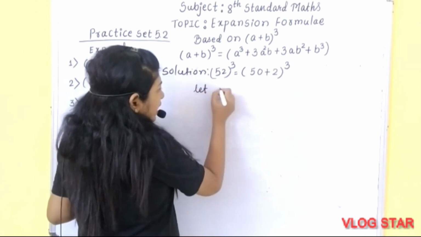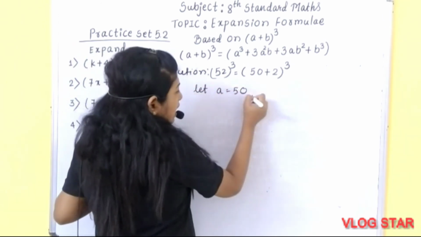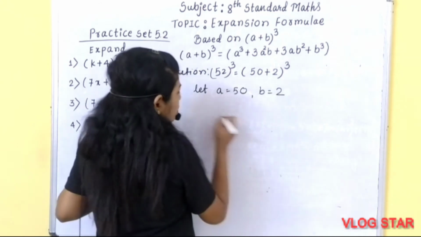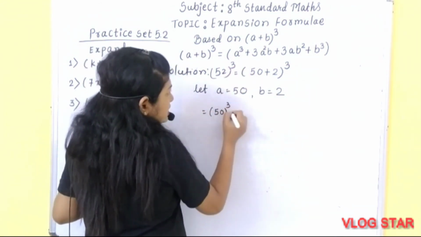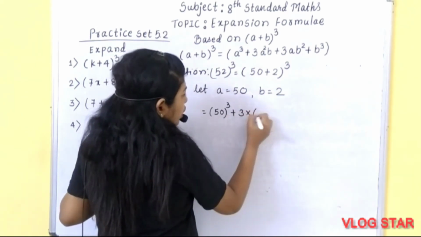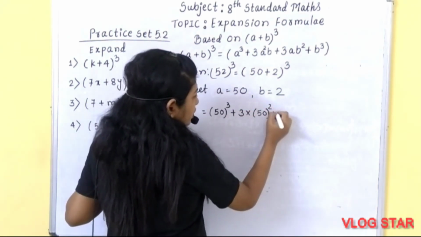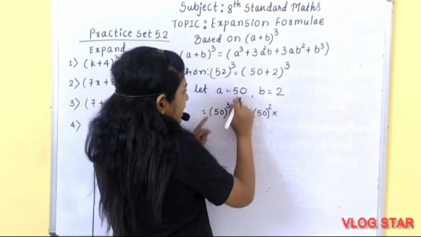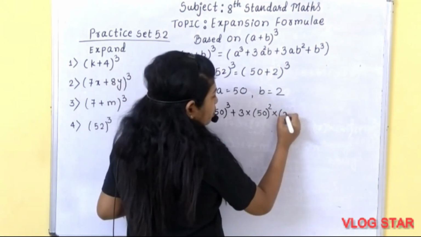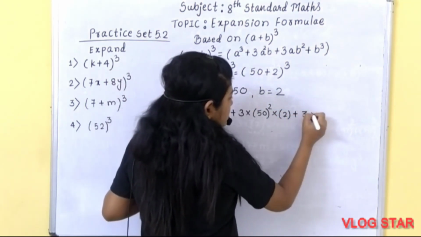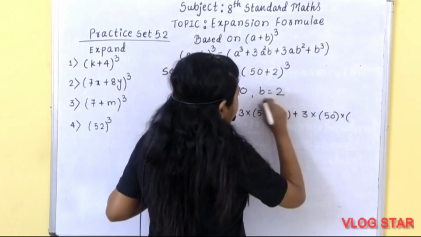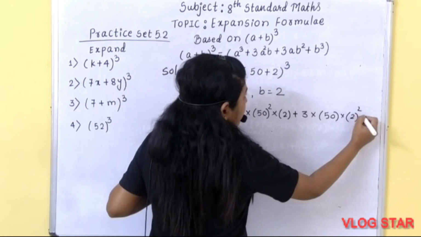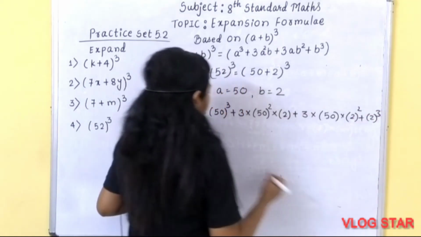Let a is equal to 50 and b is equal to 2. So after substituting in the standard result, what will you get? 3 into a square, a is 50 square, into b is 2, plus 3 into a is 50, into b square is 2 square, plus 2 cube.